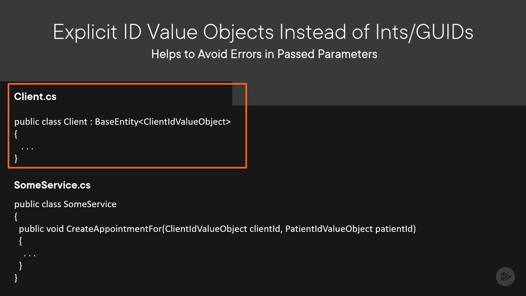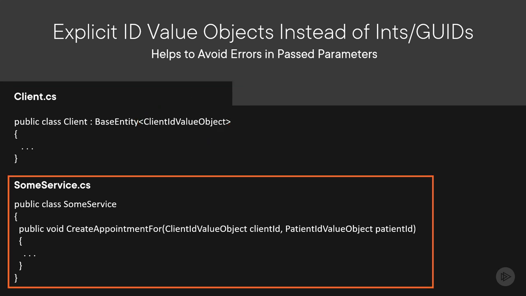Here's an example of a client class that's inheriting from base entity, but specifying that the type will be client ID value object rather than a scalar type like int or GUID. That's followed by a service class that has a create appointment for method, which takes a client ID and a patient ID.